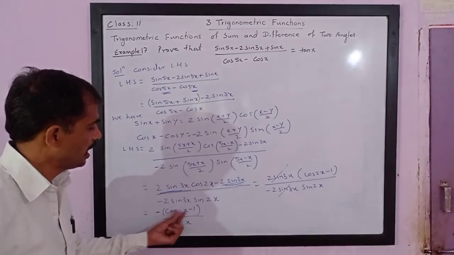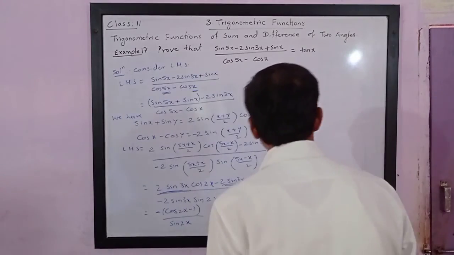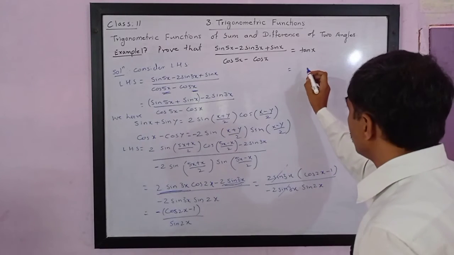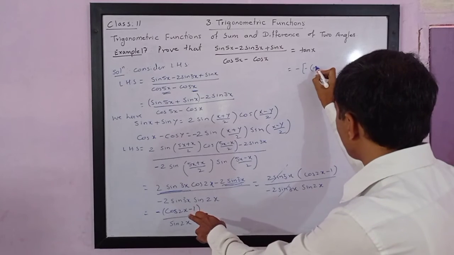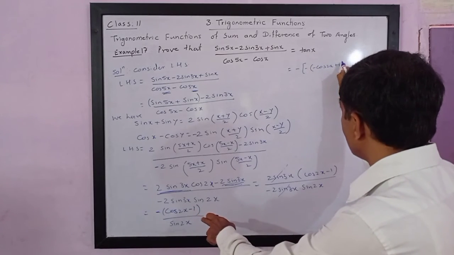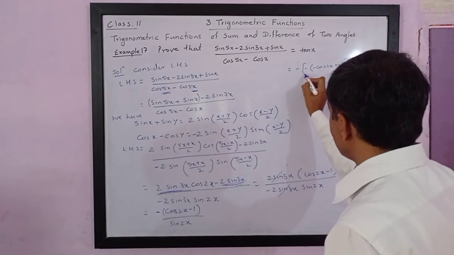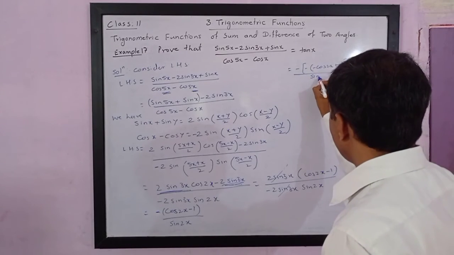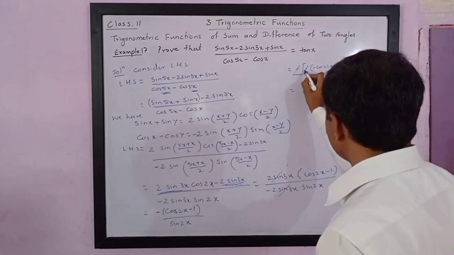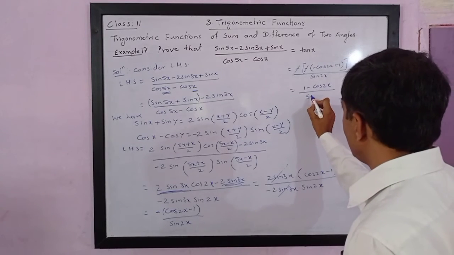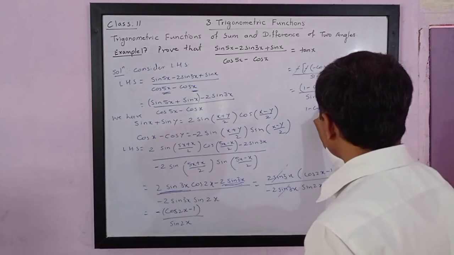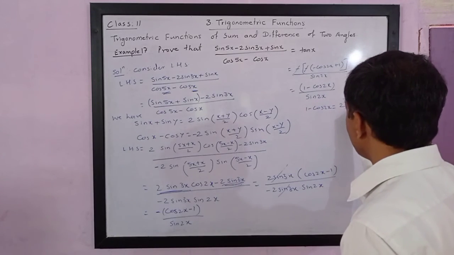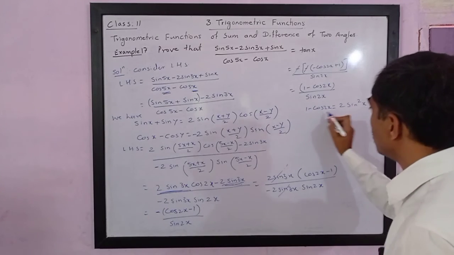Now from this, taking the minus sign common, minus into minus becomes plus, and we get (1 - cos 2x) upon sin 2x. Now for 1 - cos 2x we have 1 - cos 2x is equal to 2 sin square x. Please note, the angle becomes half.